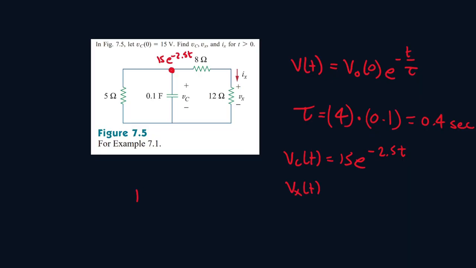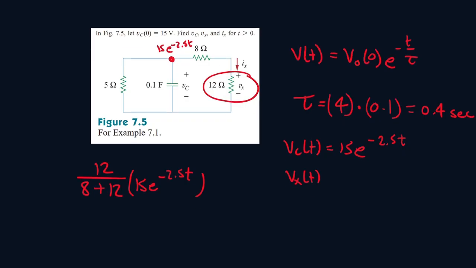So we'll do 15 e to the minus 2.5 t, and if you recall voltage division in series, you take this resistor all over 8 plus 12. So the resistor you're trying to find, all over 8 plus 12. And that gives me 9 e to the power of minus 2.5 t.